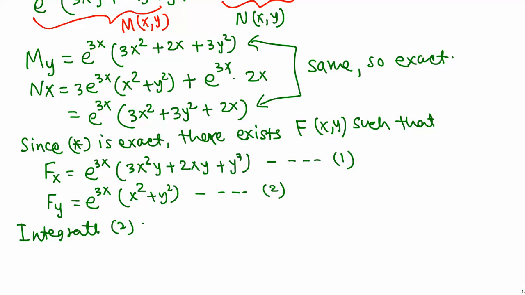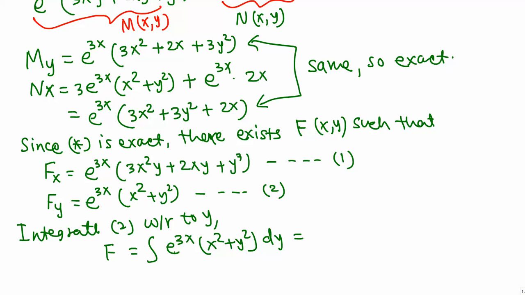Integrate 2 with respect to y. Then integration of f_y is just f. Integration of e raised to 3x times (x squared plus y squared) with respect to y. So e raised to 3x, being like a constant, we can pull outside.